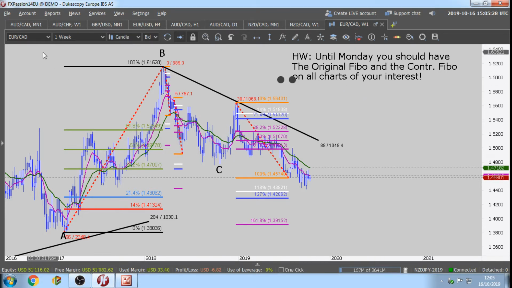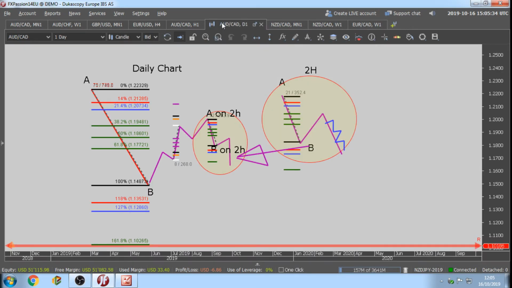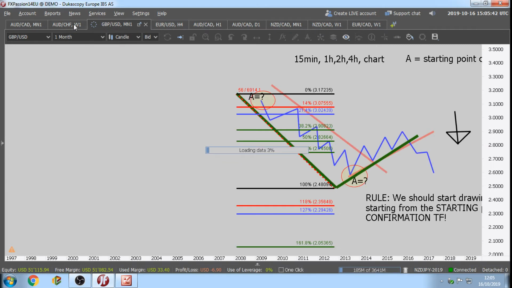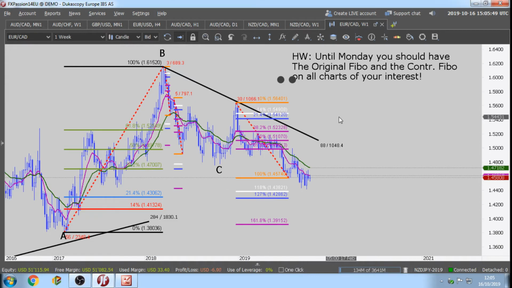EURCAD monthly, weekly, daily. NZDCAD monthly, weekly, daily. AUDCAD monthly, weekly, daily. EURUSD monthly, weekly, daily. GBPUSD monthly, weekly, daily. And you are doing this, everybody, not for me but for yourself.